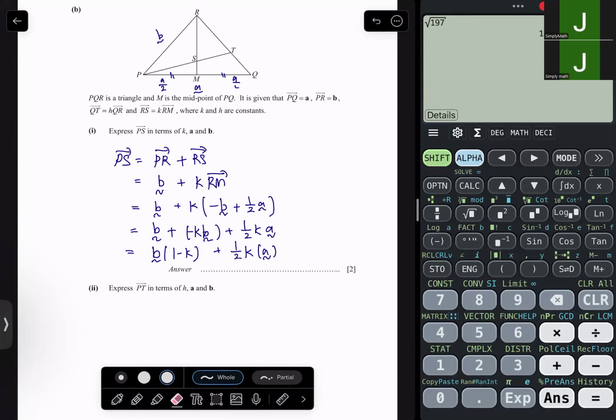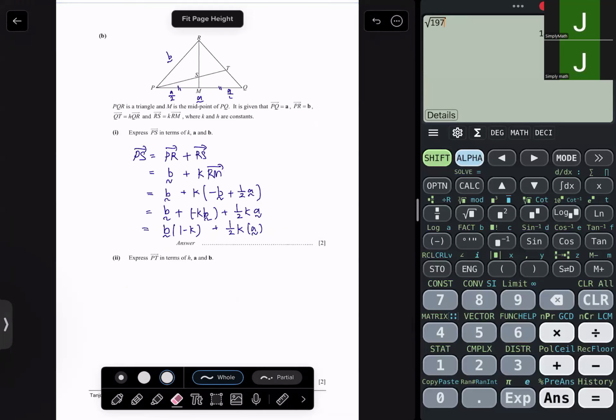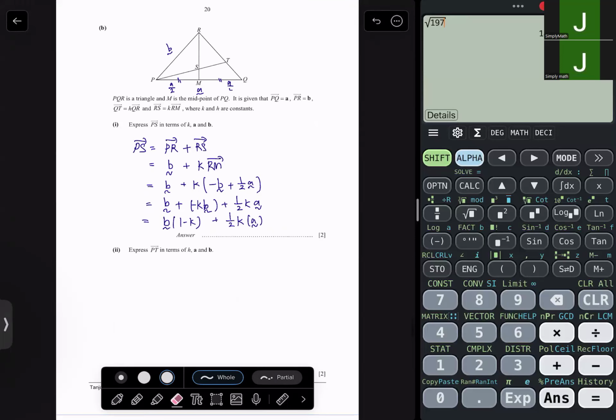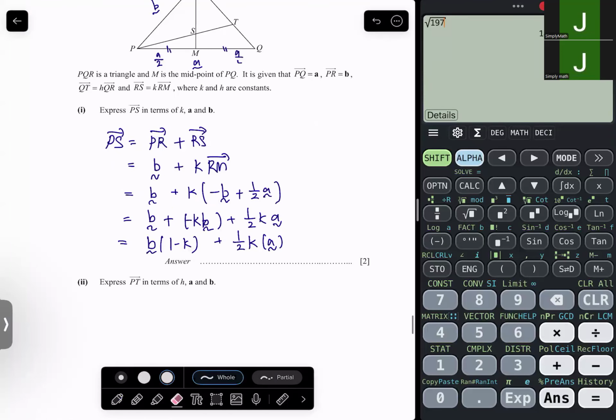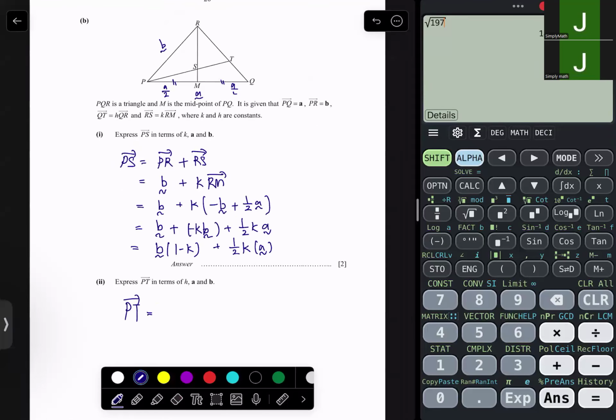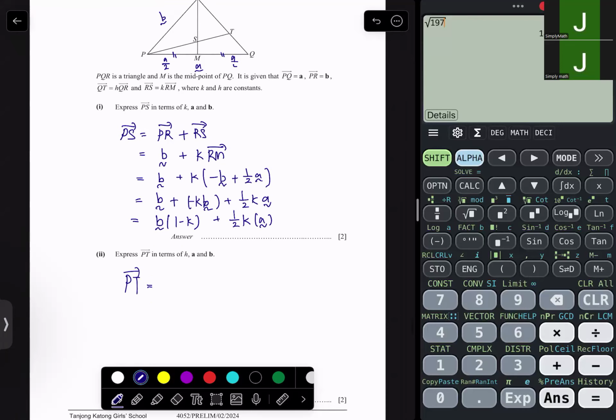PT, PQ plus QR. Okay, this question is so weird. PT equals to PR plus RT? No, QT, HQR. Okay, QT, let's use QT.